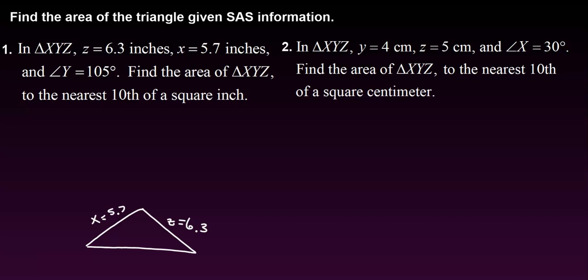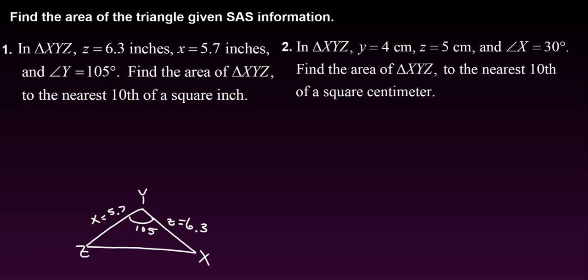And they gave us angle Y, which will end up lining up between Z and X. We know this because across from Z will be angle Z, across from X will be angle X, which means between the two is angle Y, and angle Y is 105. And this is where we have our side angle in between and then the other side.